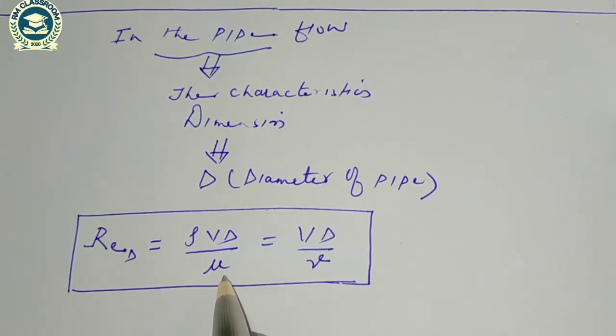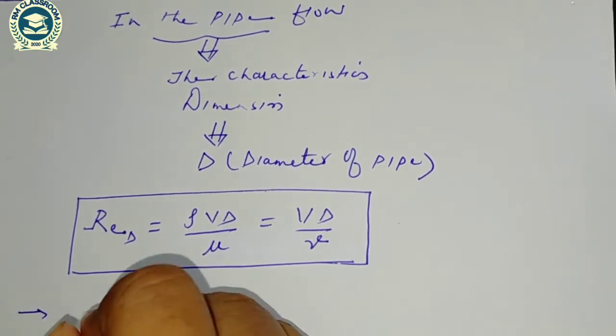The unit of dynamic viscosity we have already discussed, that is Newton second per meter square or poise, and the unit of kinematic viscosity can be written as centimeter square per second or Stokes.